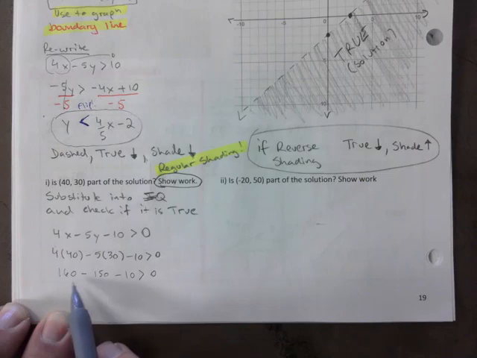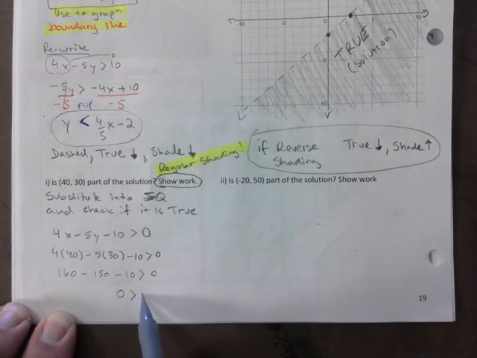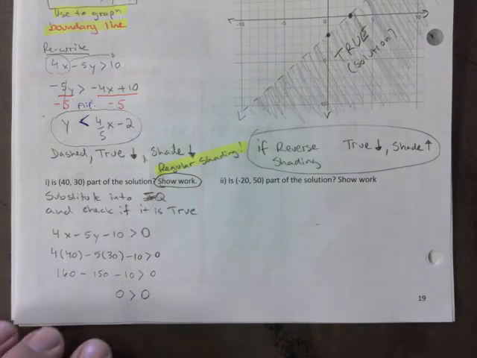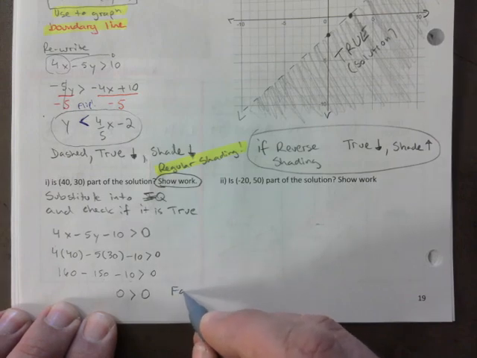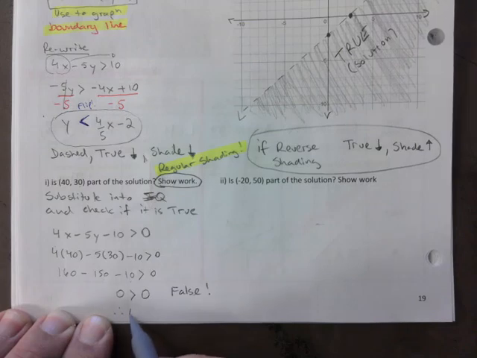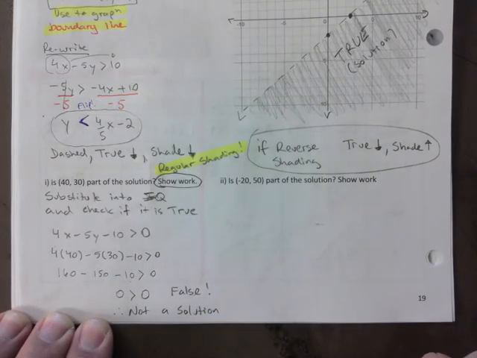So 160 minus 150 is 10, minus 10 is 0. Is 0 greater than 0? It's not. It's false. Therefore, not a solution. Zero is not greater than 0.